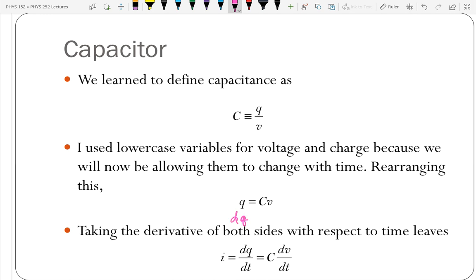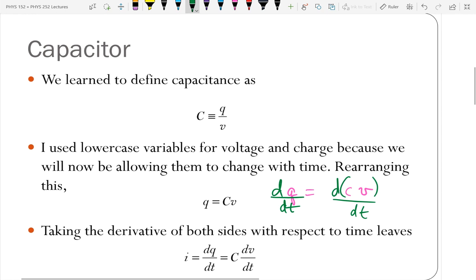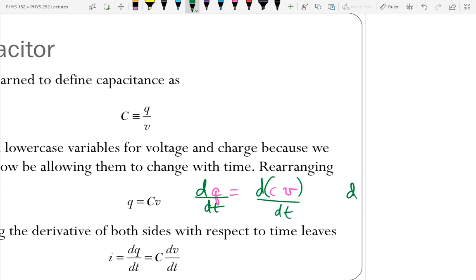So dQ equals d(CV), and we're going to do them both with respect to time. But since capacitance is constant, that gives us simply dQ/dt is equal to C dV/dt.